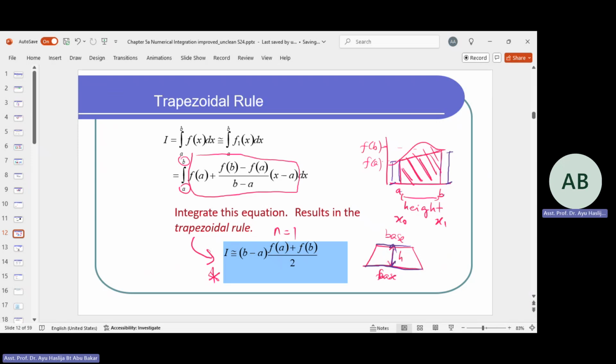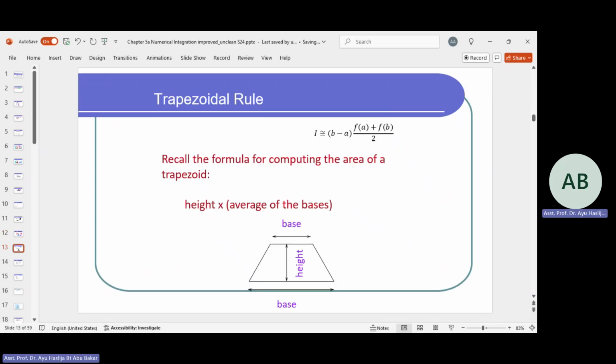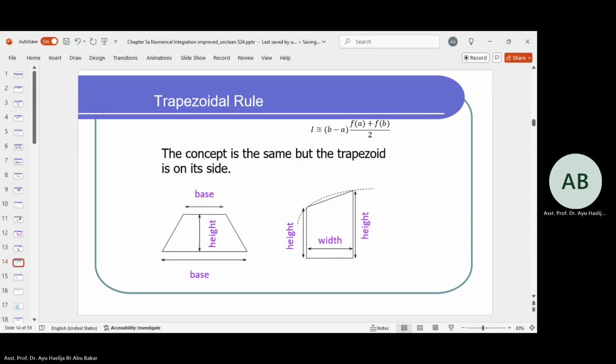That's why we use the trapezoidal rule, the trapezium equation. As I explained, this part is the base, the width which is equivalent to A and B.